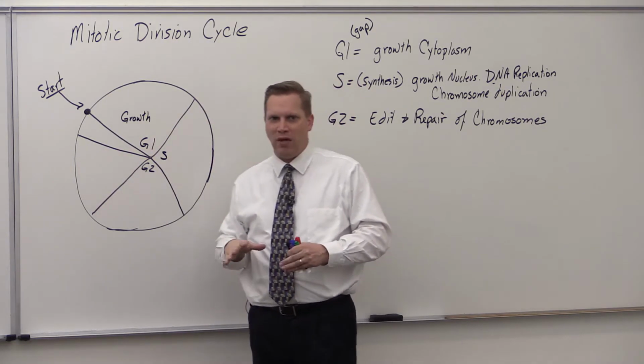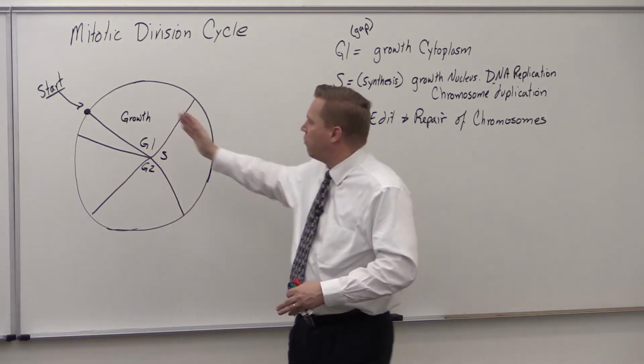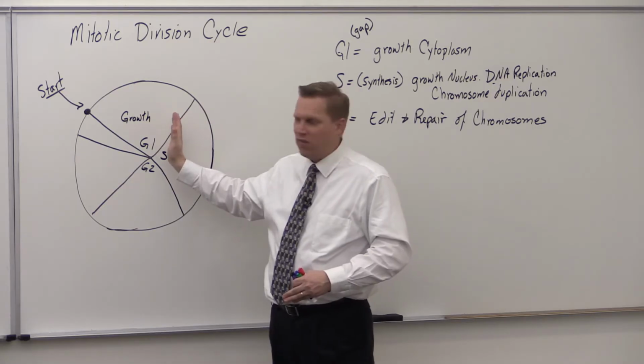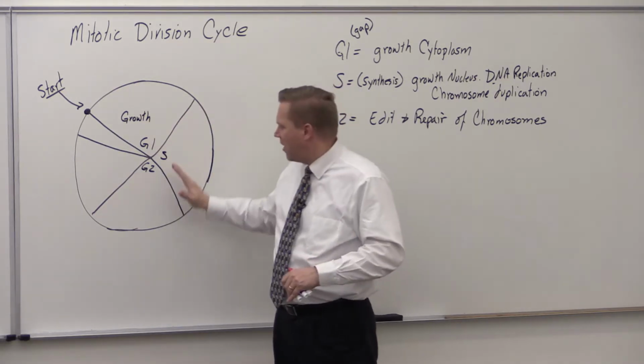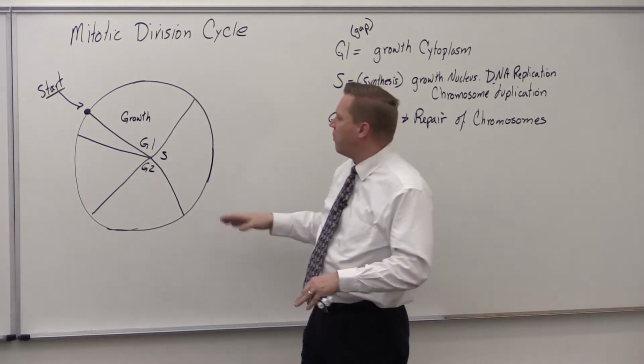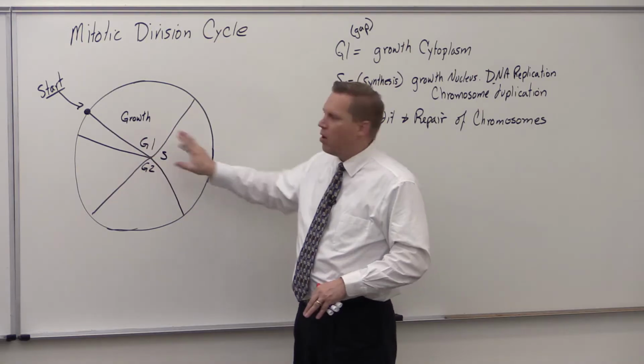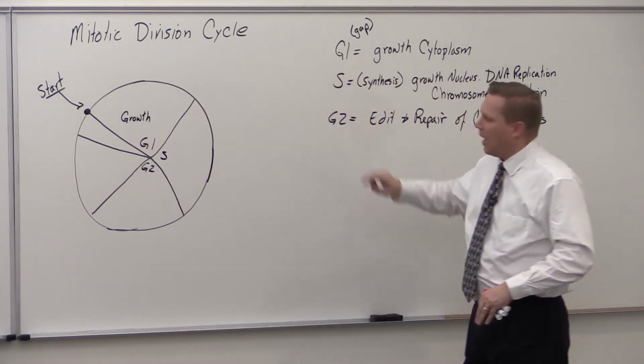And at that time point, it didn't seem like there was a lot going on in the cell because they couldn't observe anything. And so they called it gap 1. And then the second gap between synthesis and mitosis, they called gap 2. It turns out there's a lot happening in there. We just couldn't observe it directly under the microscope. But that's where they got the name gap 1 and gap 2.